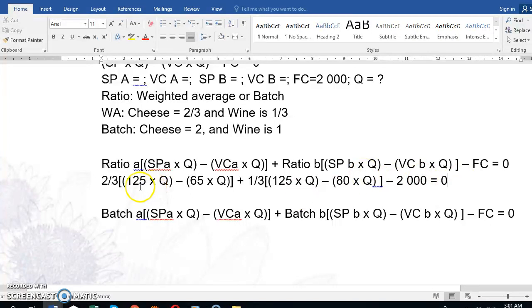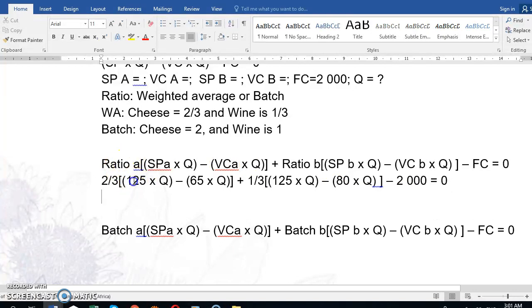Now let's solve bracket for bracket. In this bracket you have 125 minus 65, which is 60, and that gets multiplied by 2/3.